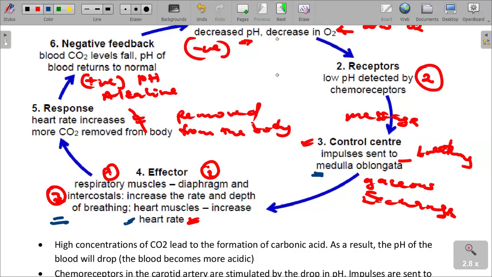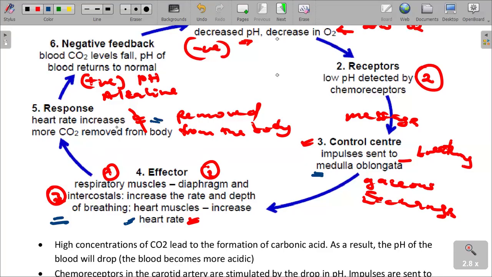So for response number five, as the heart rate increases, more carbon dioxide is removed from the body.